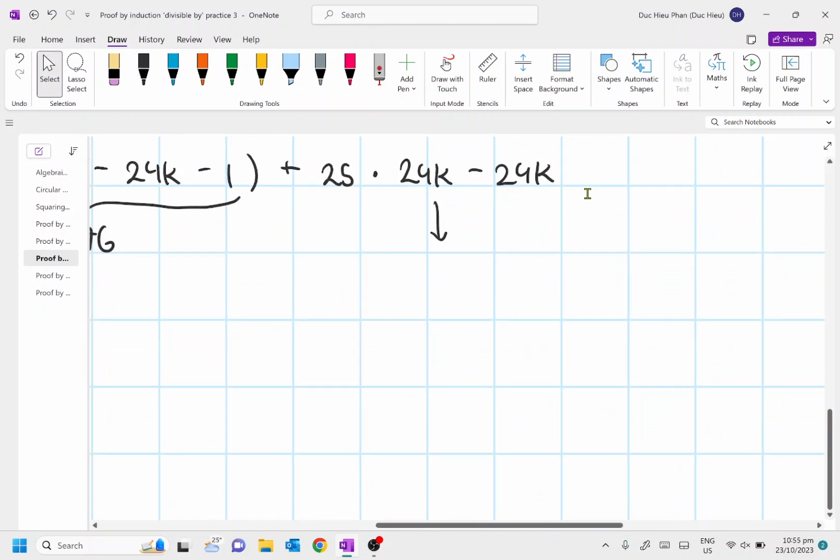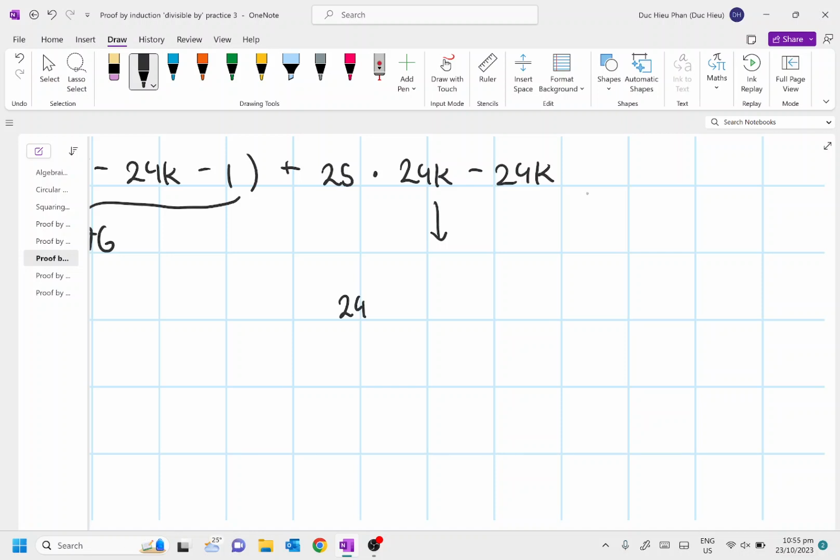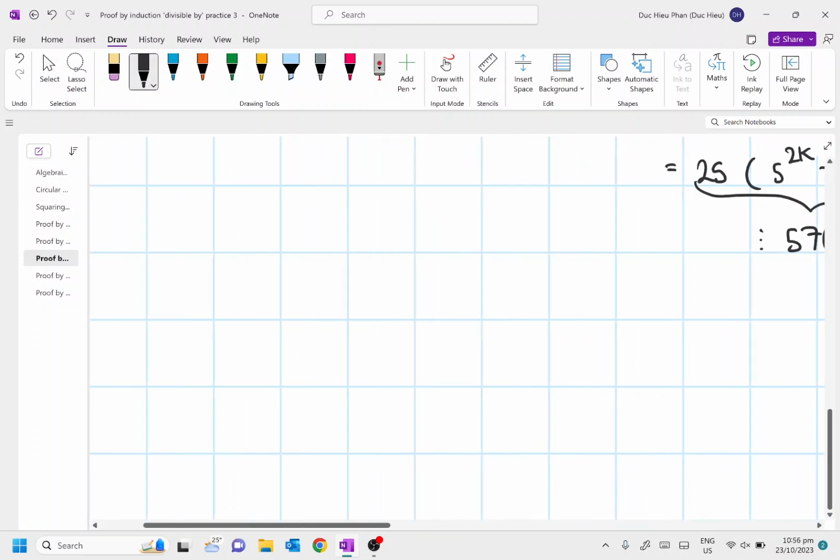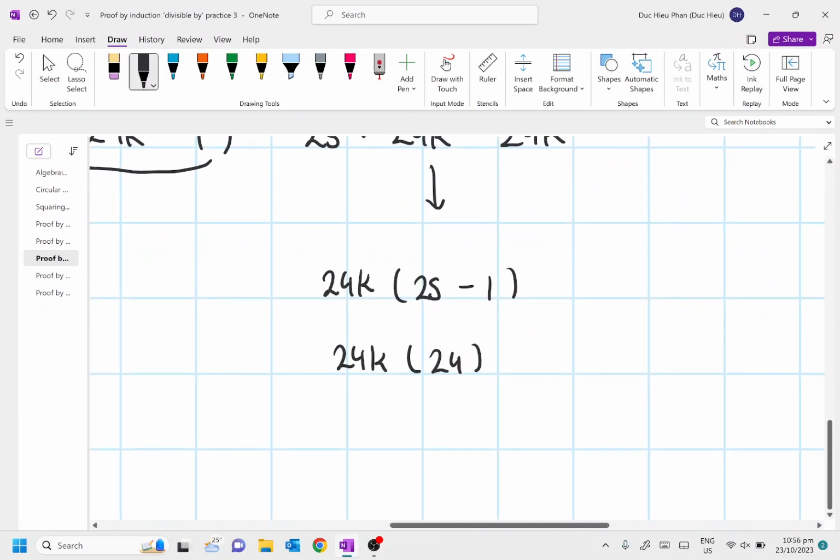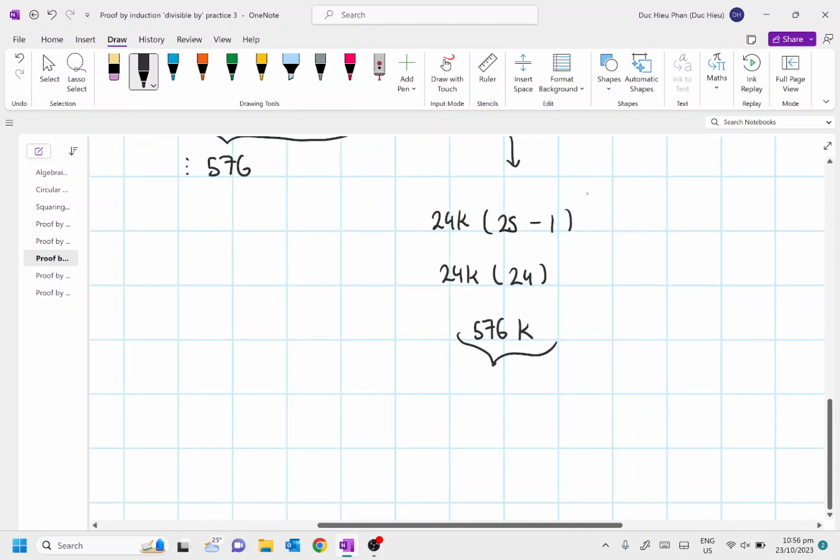We're going to factorize 24k out of this. That is 24 times 24. And if you pick up your calculator and do 24 times 24, you're going to end up with 576. Okay. And so this is divisible by 576.